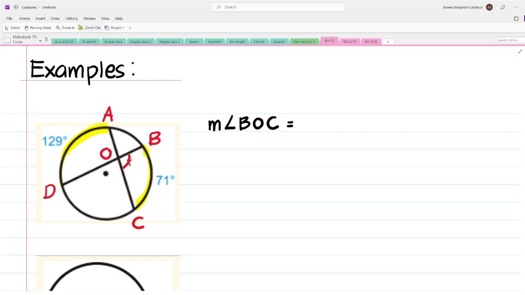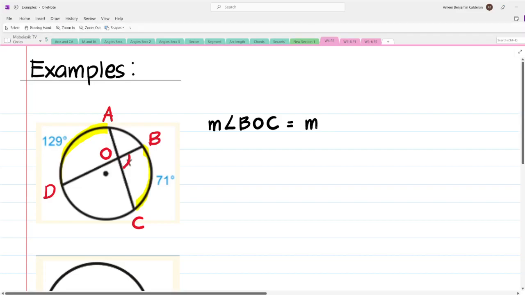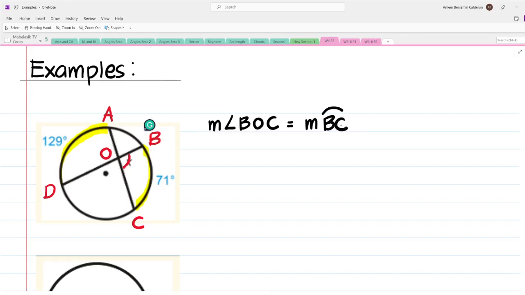So let us now proceed to our solution. So we will have here the measure of arc BC plus, half the sum, as we said earlier, right? Measure of arc AB over 2.